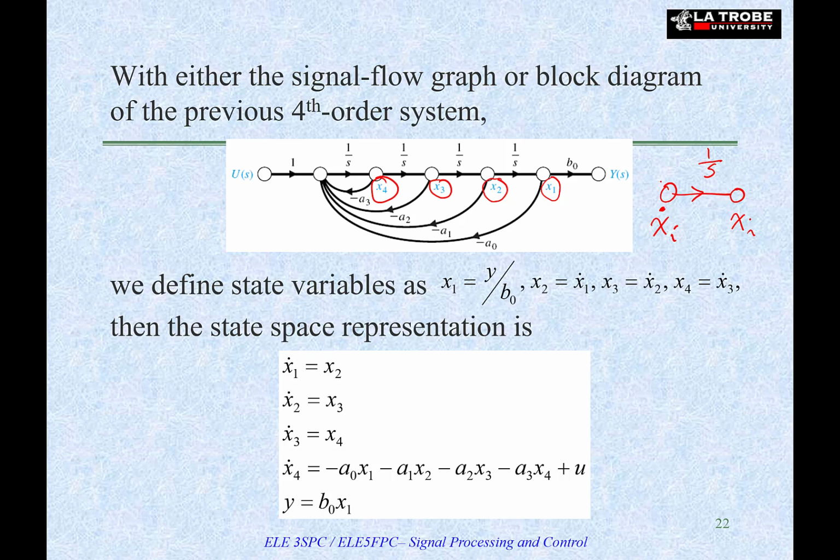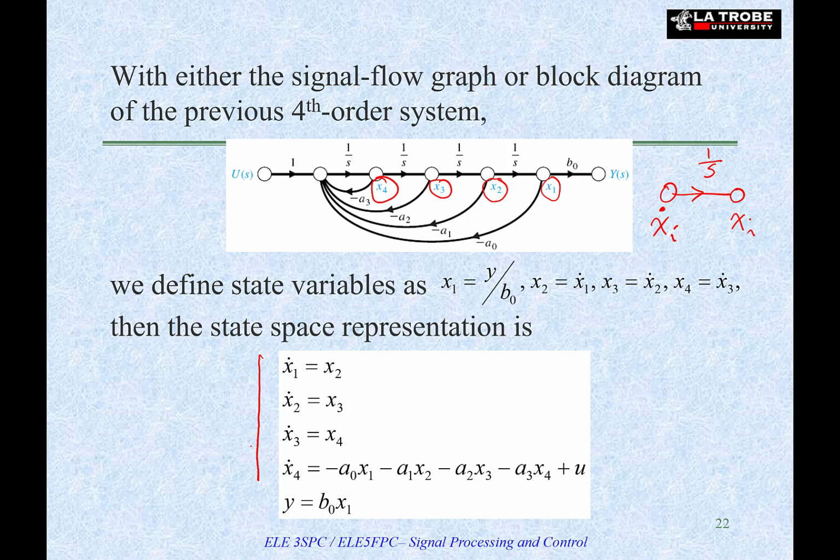After specifying the state variables of the signal flow graph, we are ready to write out the state variable model or state space representation. For this particular canonical form, there is a pattern. That is why we call this a canonical form. And the pattern is shown by the equations here.